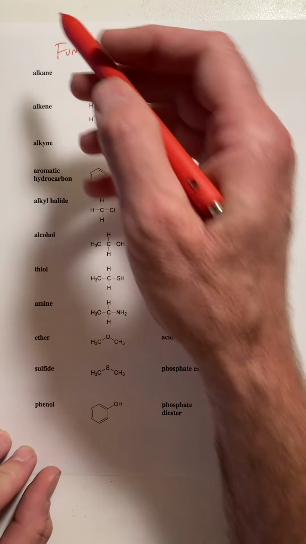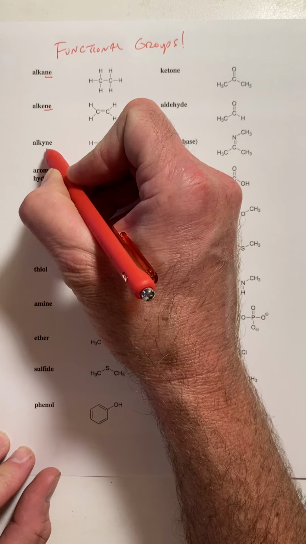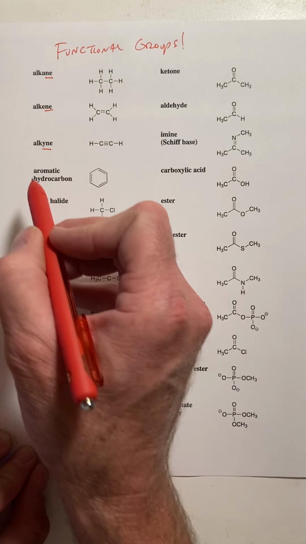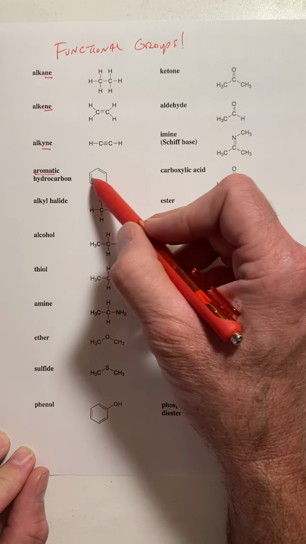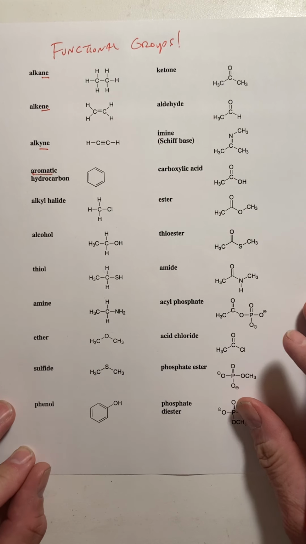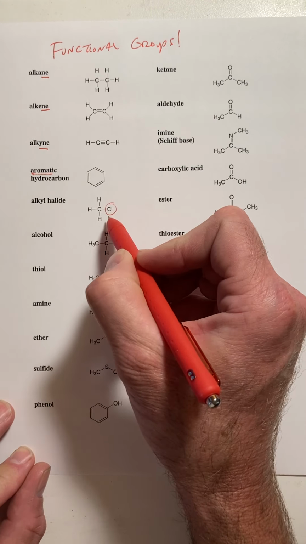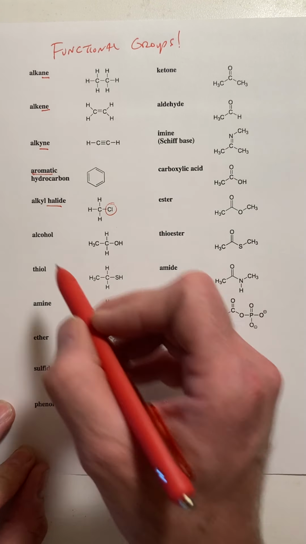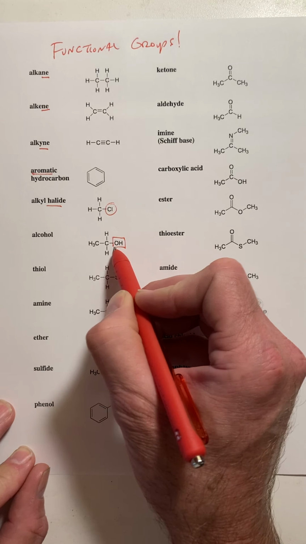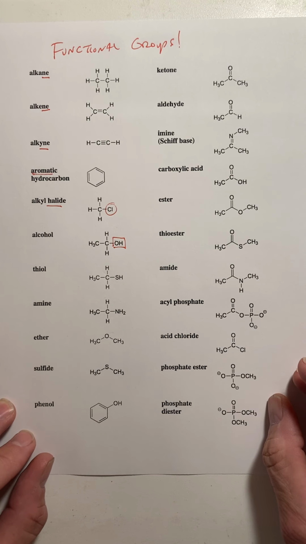As we've already pointed out, there's anes, enes, and ines. I said earlier that there's aromatics that are rings that have multiple double bonds. If you put a halogen on something, it's called a halide. Alcohols always have an OH group that's attached to them.